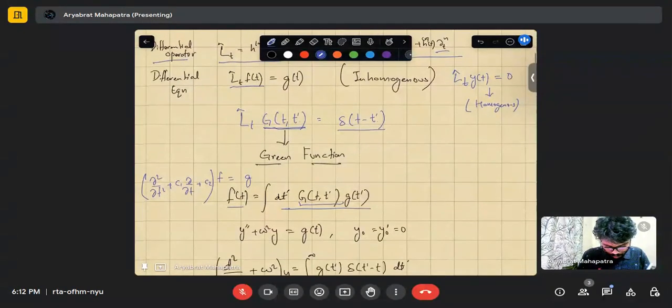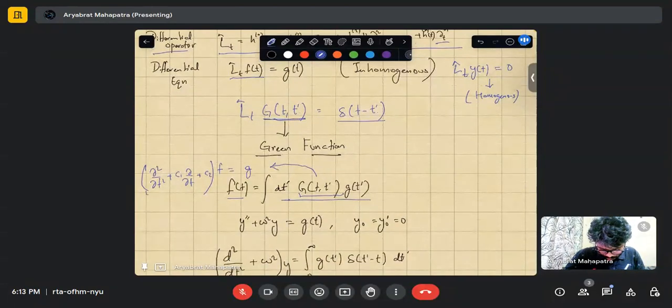To see how this is happening, we can do a quick check. Let's put this solution into my differential equation. This entire thing is my differential operator. So consider L of t operated on this ansatz.